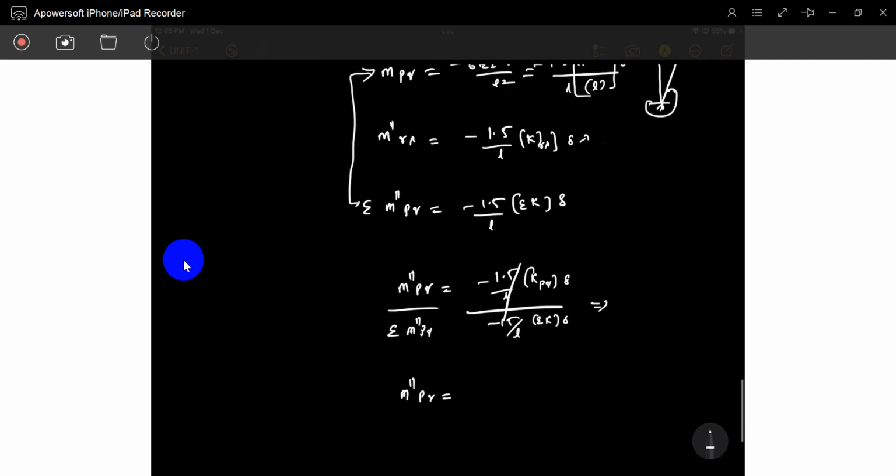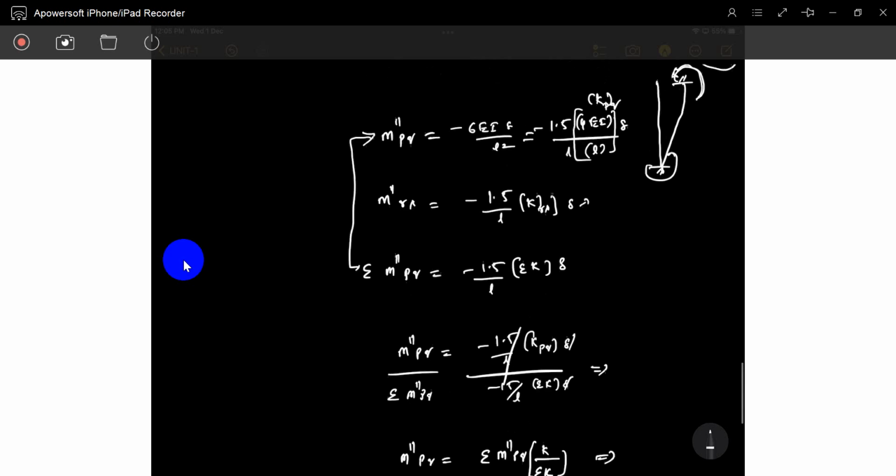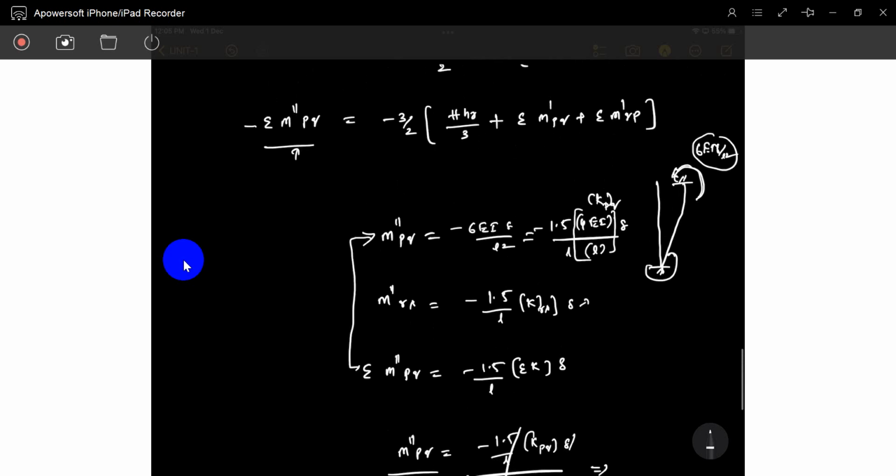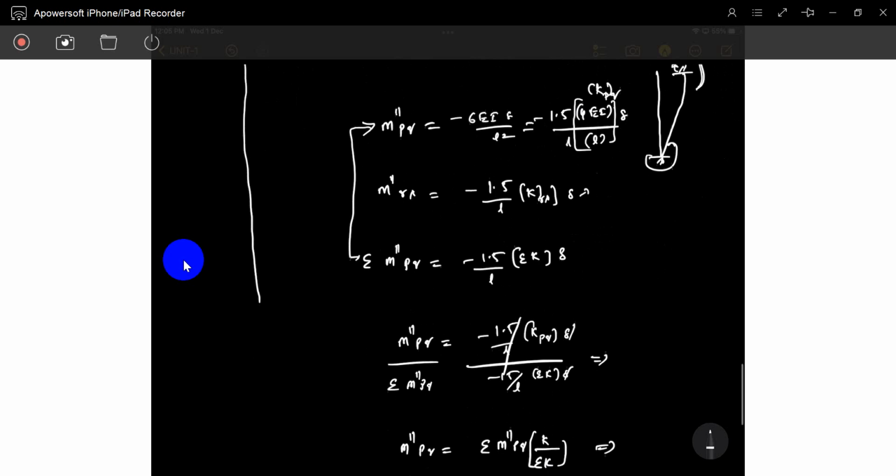So previously what I wrote, the same thing. MPQ is what? PQ K delta, delta also cancels. K divided by sum of K. This we already wrote on the first day. So by this, see here, we already have this equation.